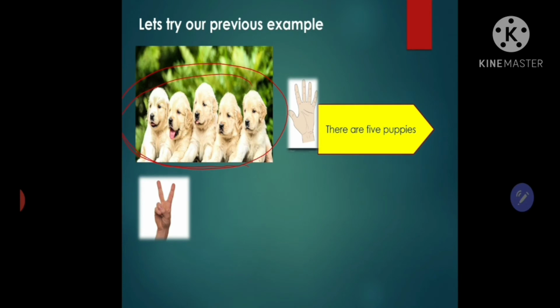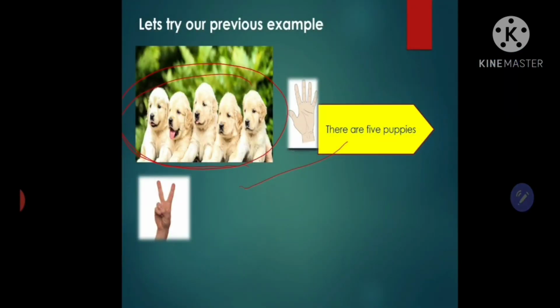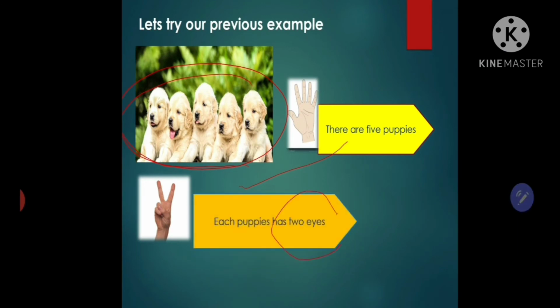I observe the puppies using numerical measurement. So I count the puppies and I observe that they are 5. And aside from 5, those puppies have 2 eyes. So those examples are quantitative observation.